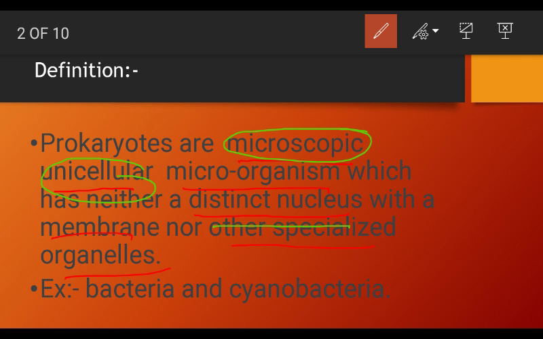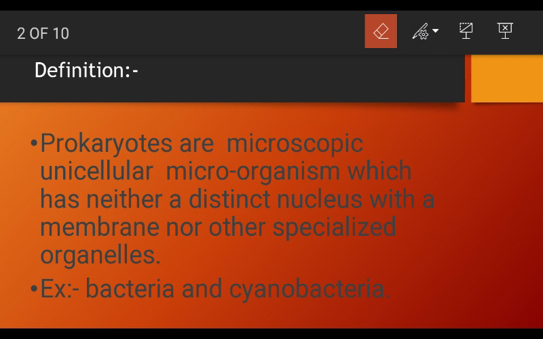It is not enclosed in any nuclear membrane, and they also do not have any specialized organelles as in the case of eukaryotes. Eukaryotes have various specialized organelles, but prokaryotes do not have any specialized organelles within them, right?